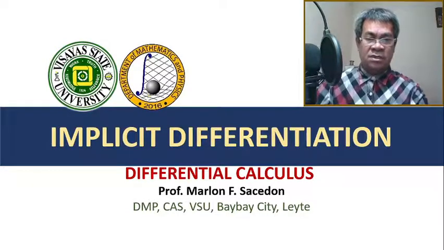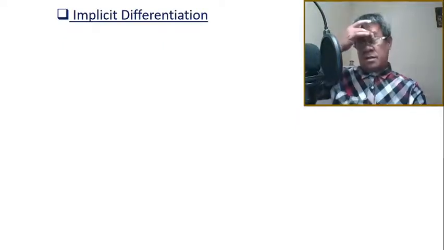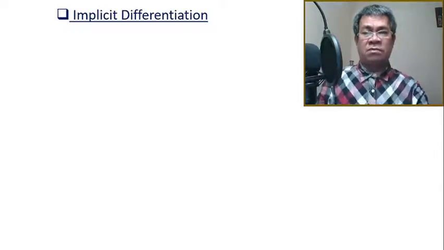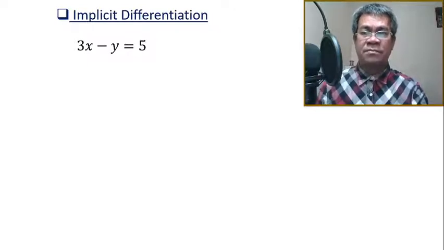Take note that there are two types of function. We have the implicit form. For example, 3x minus y is equal to 5, and we know that y is a function of x. This is a kind of implicit form.